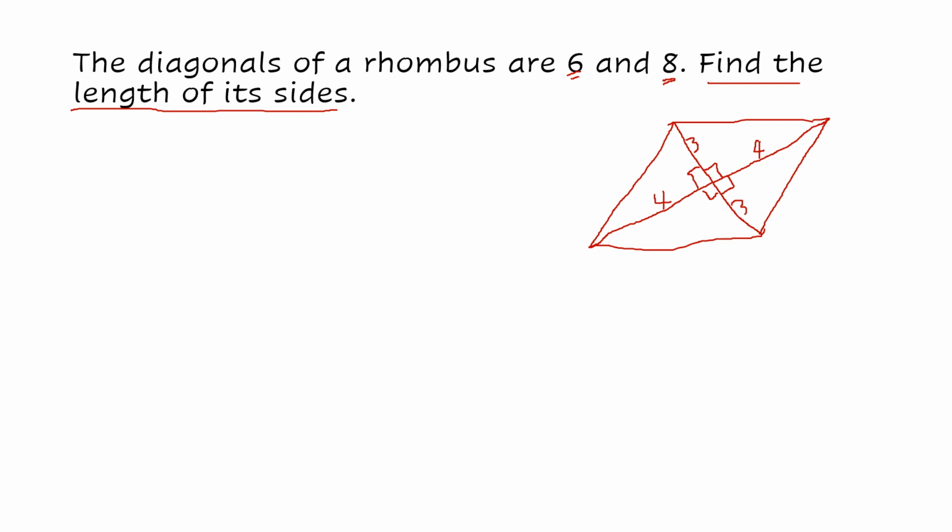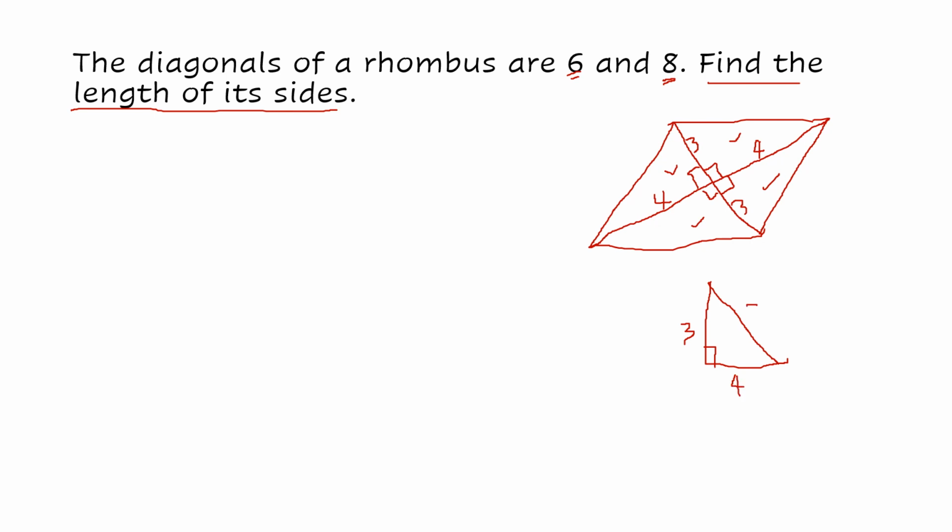Now, since you have formed 4 right angles, this right triangle, another, then third one, then fourth one. Let us take one right triangle. And so the sides of this right triangle are, we take one of the half of the diagonals, which is 3, and the other half is 4.